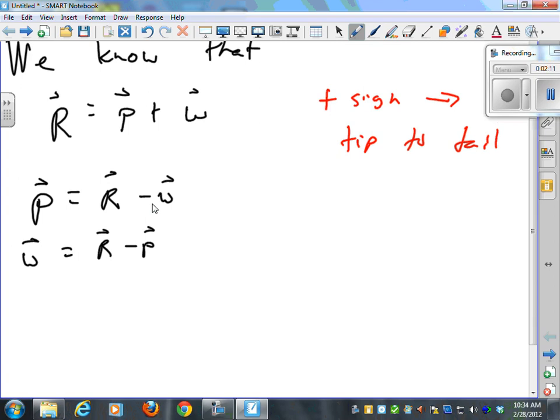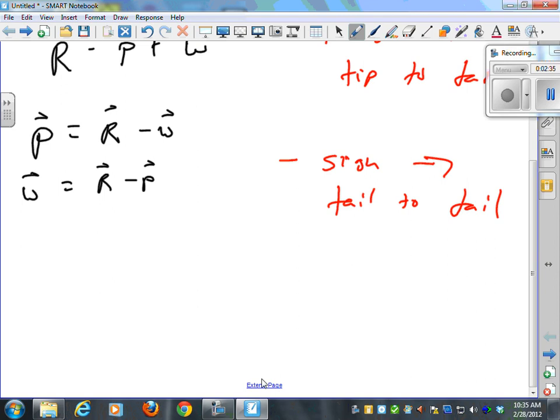Now, I will tell you that the negative sign, if you want to think about it graphically, simply means place things tail to tail. That's not the best idea to think about, but I'm putting it in there in case you run into it in your future physics careers. Probably the easiest thing to do is to think about it the way we thought about it last year.